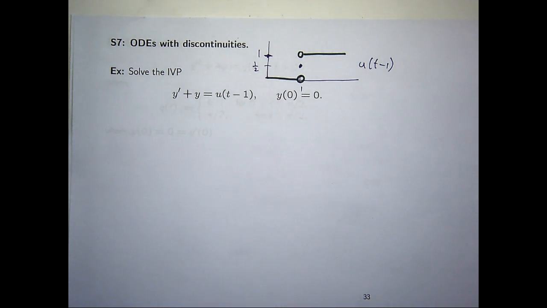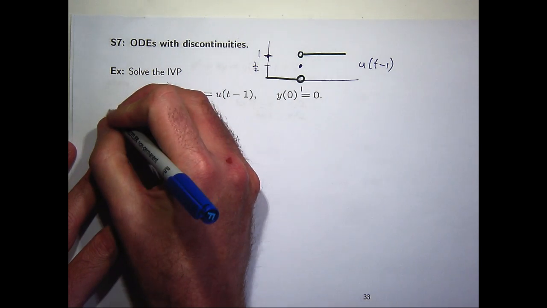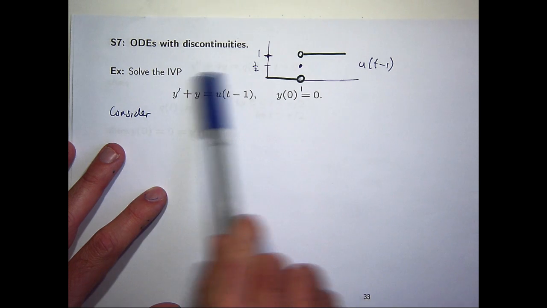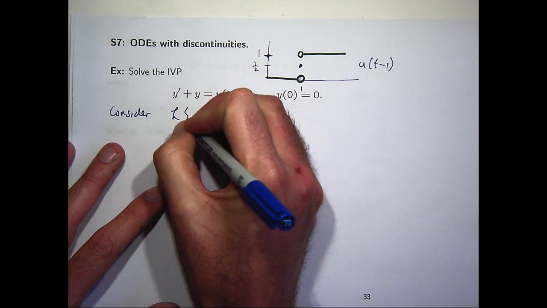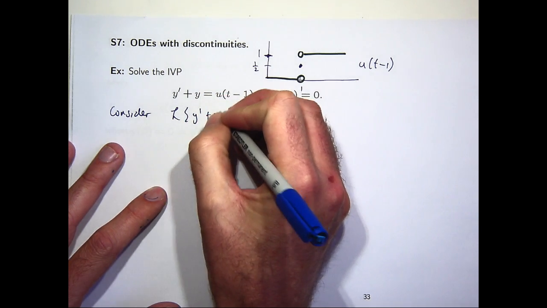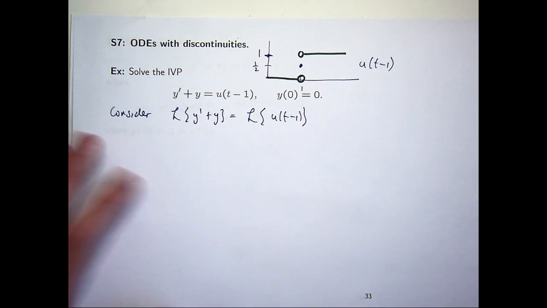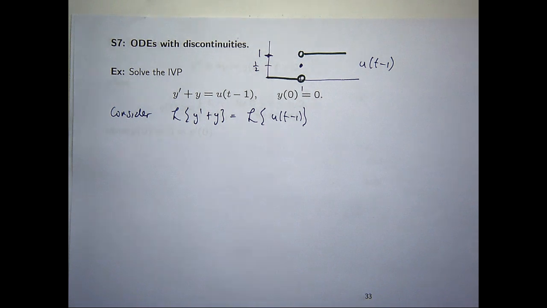Well, to solve this, we're going to apply the technique that we've seen in the previous lecture. So let's take the transform of both sides. And then use the linearity of the Laplace transform on the left-hand side and compute the transform of the right-hand side.